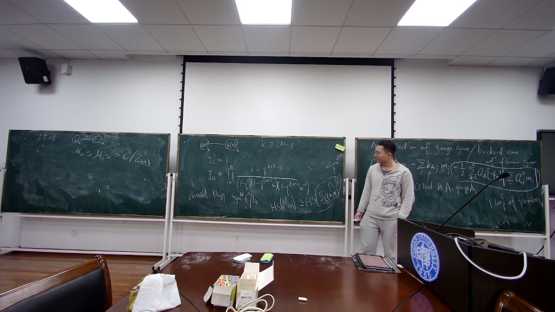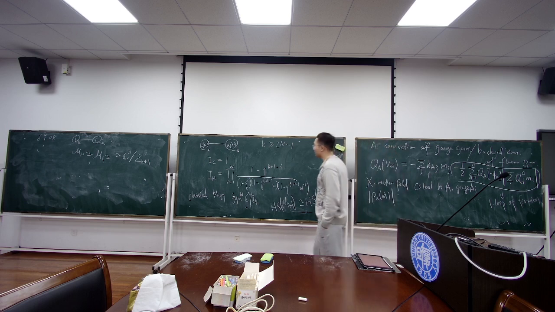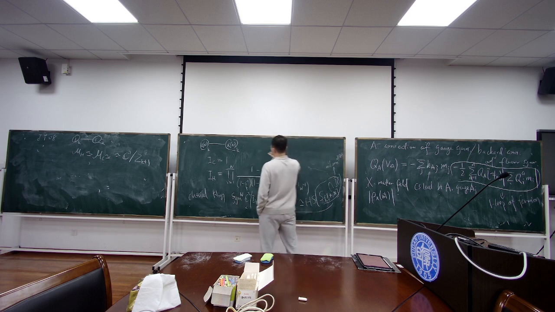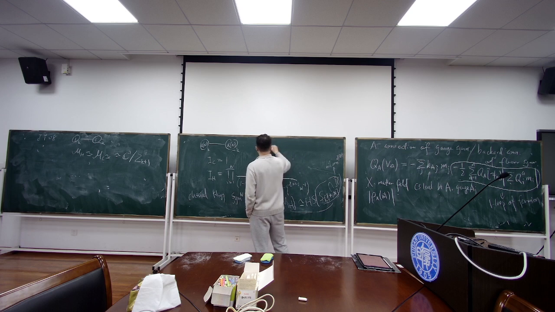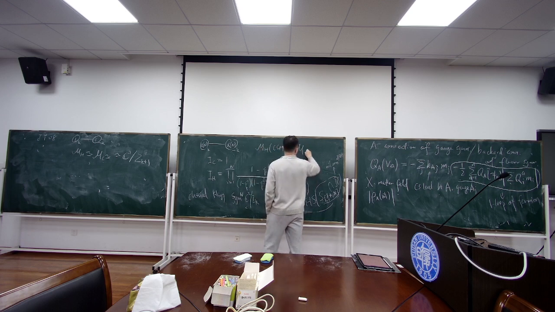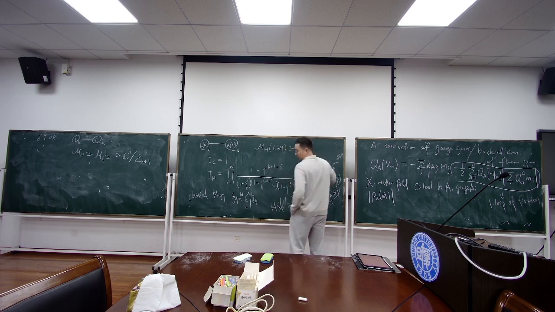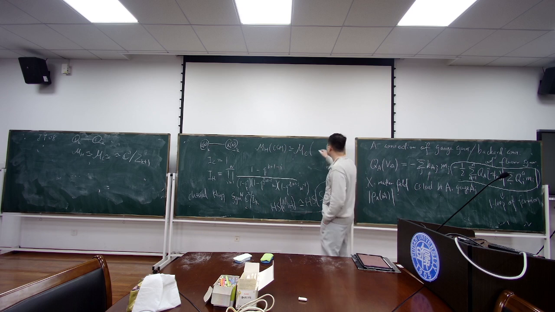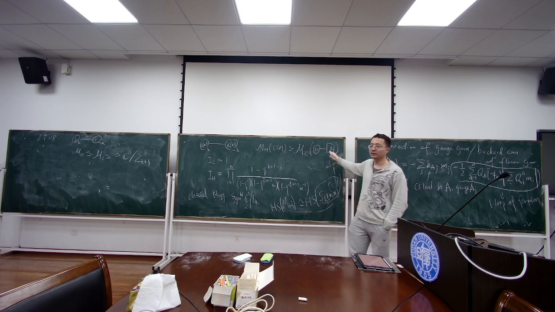But this is actually very interesting. That means the moduli space, the Higgs branch of this Chern-Simons matter theory, is the same as the Coulomb branch of a non-Chern-Simons theory.